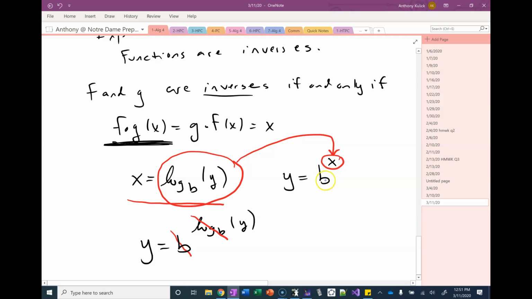Similarly, we could do the same thing. Since this equation is equal to y, I can take this part and plug it into the y for my logarithm.